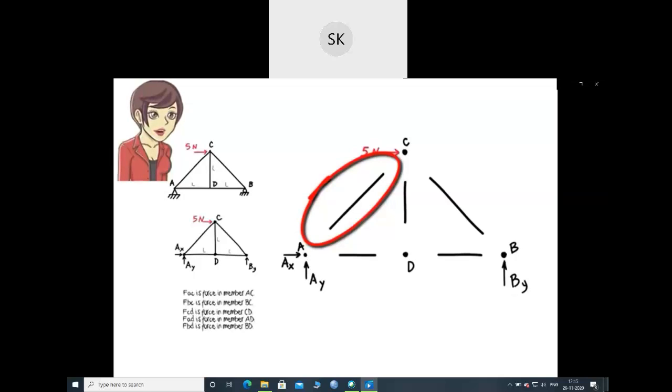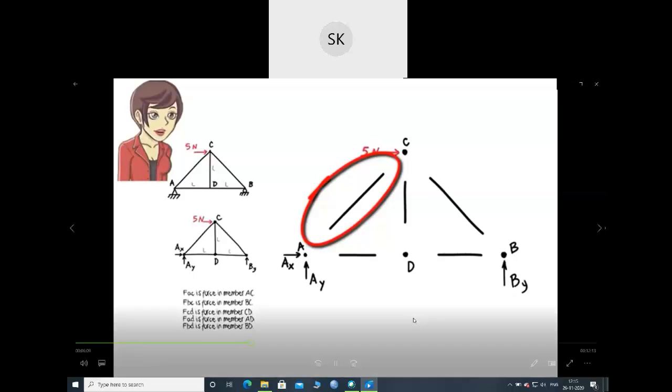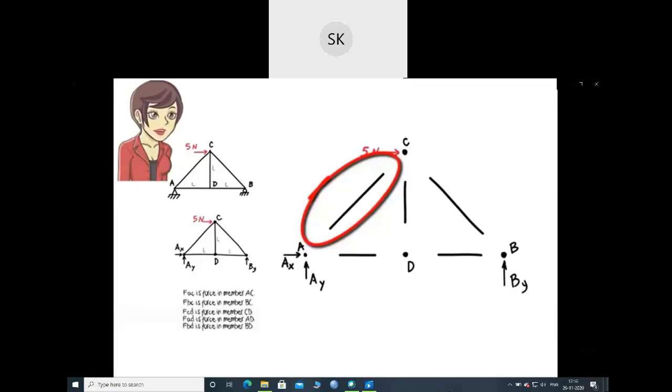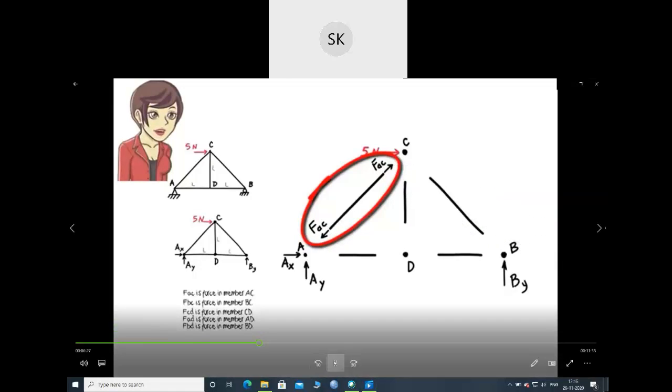We also don't know if the force is compressive or tensile. Since I want to draw the free body diagram for the segment, I need to assume a direction for the force. I am going to assume the force is tensile. So the free body diagram for the segment looks like this.